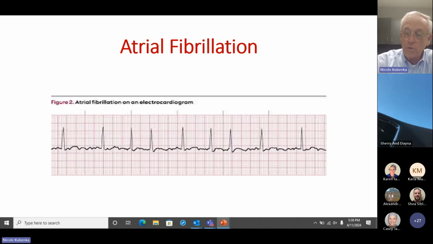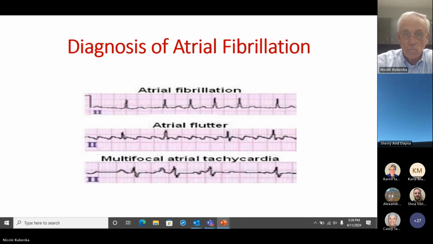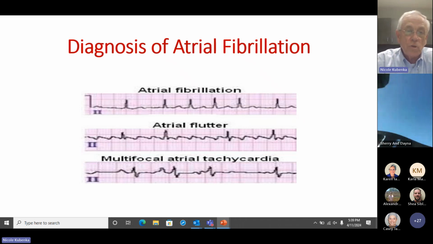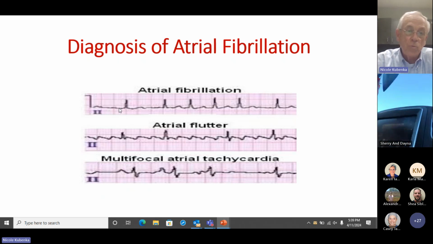Now, there are a few things that can be confusing. The top strip in this slide is atrial fibrillation. As you can see, there's differences in the heart rate beat to beat. Some R to R's are wide, some are narrow, so it meets the criteria for that. And if you look really closely, there are no P waves right before the R wave.